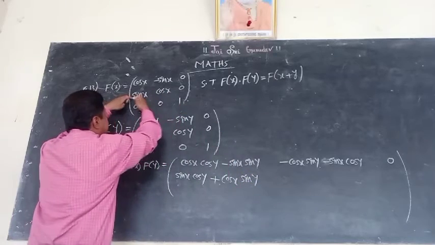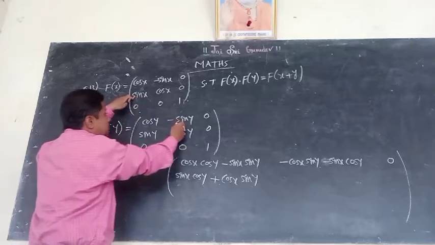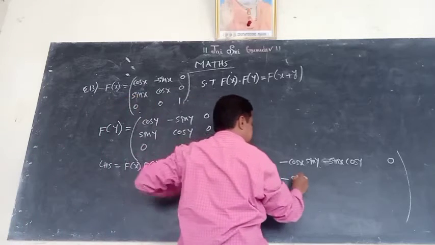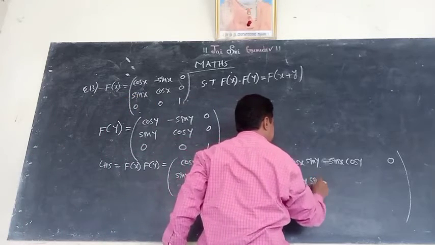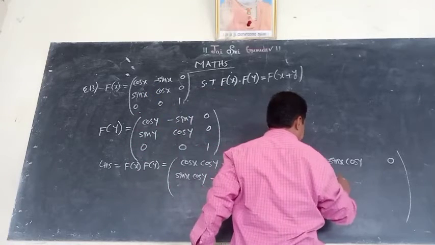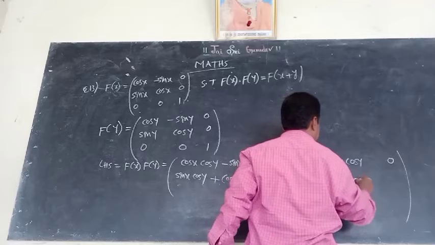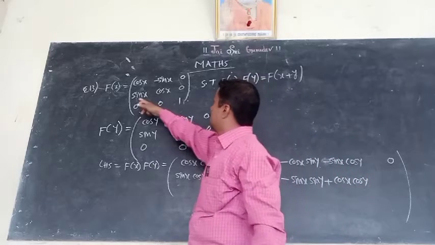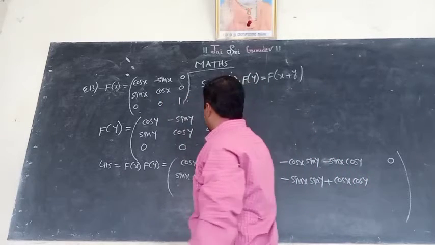Next, second row, second column: sin x into sin y minus sin x into sin y, plus cos x into cos y. Next, second row, third column: 0.